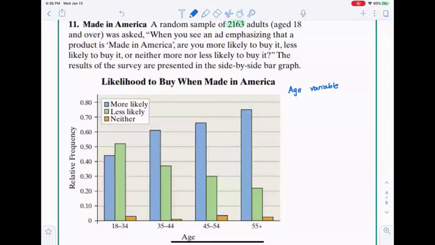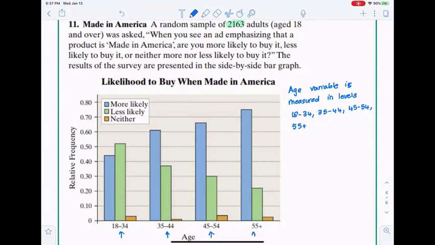And the age variable is measured in 18 to 34, 35 to 44, 45 to 54, and 55 and above. So there are 4 levels, hence the 4 different categories here.